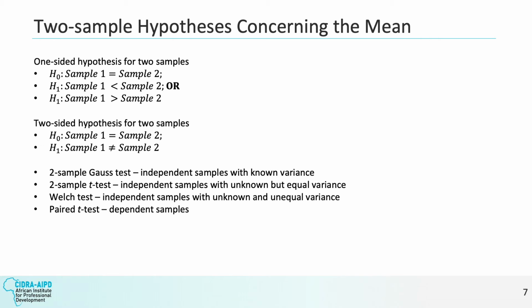For independent samples with unknown and unequal variance, you would use a Welch test. For dependent samples, you would use a variation of the t-test called a paired t-test. We'll discuss how to use a Welch test and a paired t-test in the next few slides.